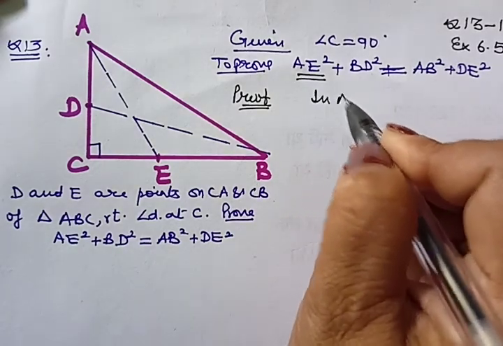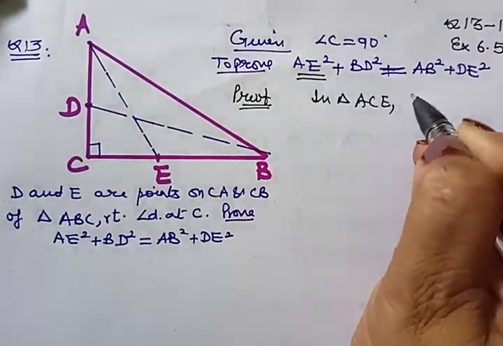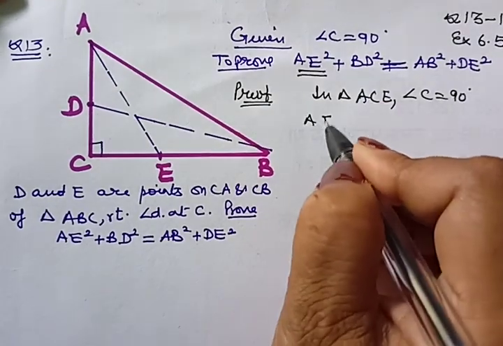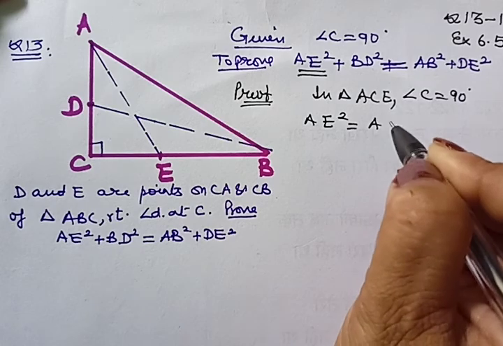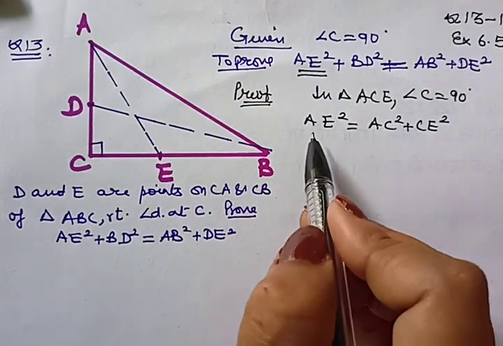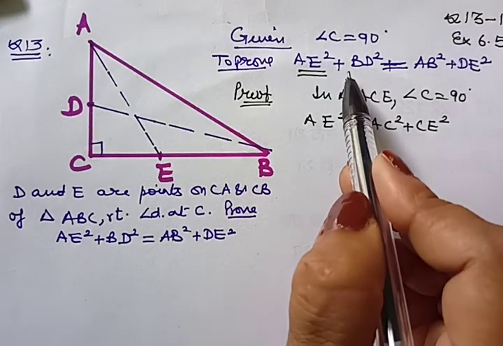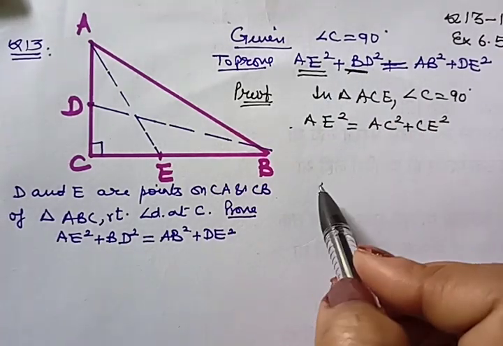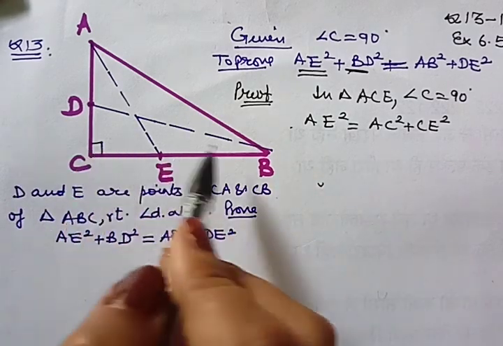Consider triangle ACE, angle C is 90. So can I say by Pythagoras theorem AE square is equal to AC square plus CE square? So I get AE square. Now in my to prove I have BD square also. So let us try to bring in BD square also. How can we bring BD square inside?